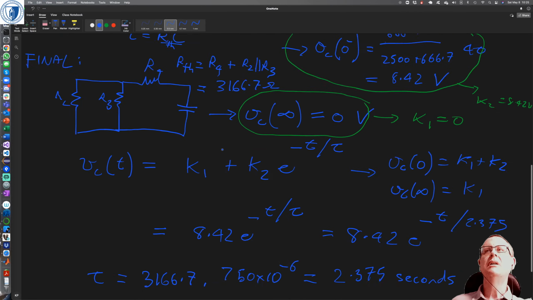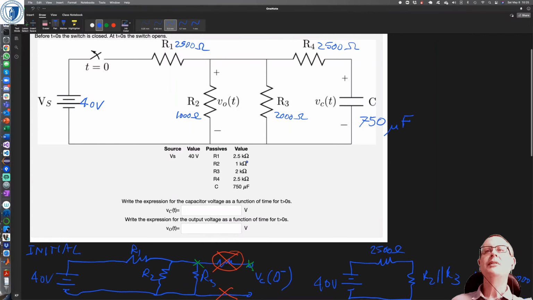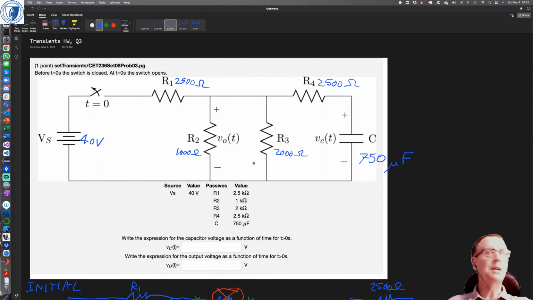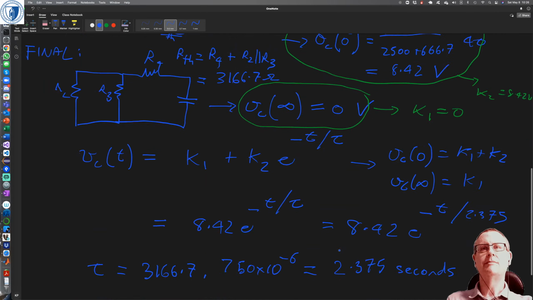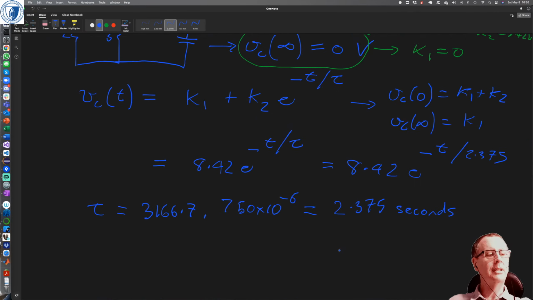The next question is, what's the output voltage? The output voltage is here, and they only want the output voltage for time greater than 0. Let's look at the circuit again. The circuit is R2 in parallel with R3, and that is our output voltage.